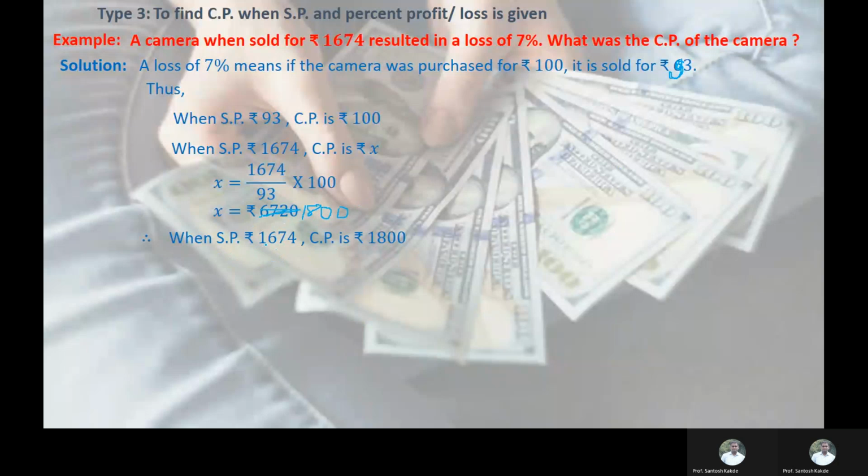So when selling price is 1674, cost price is 1800. So you have to write whatever the answer is in a full form.